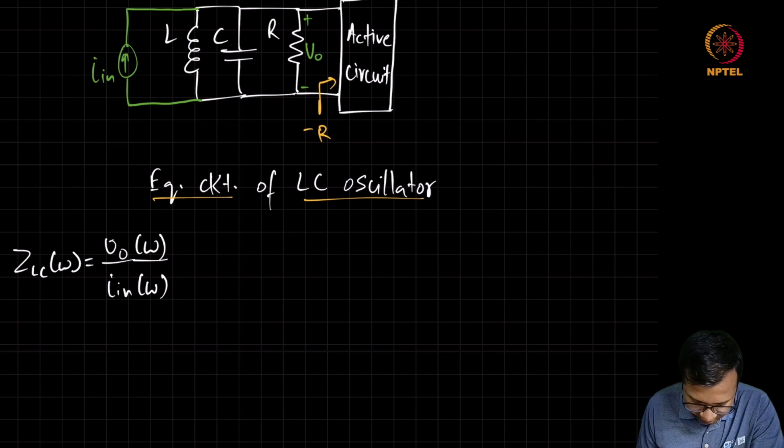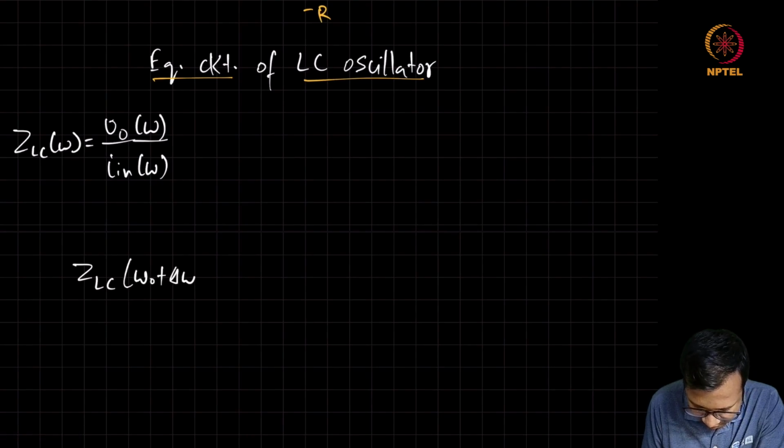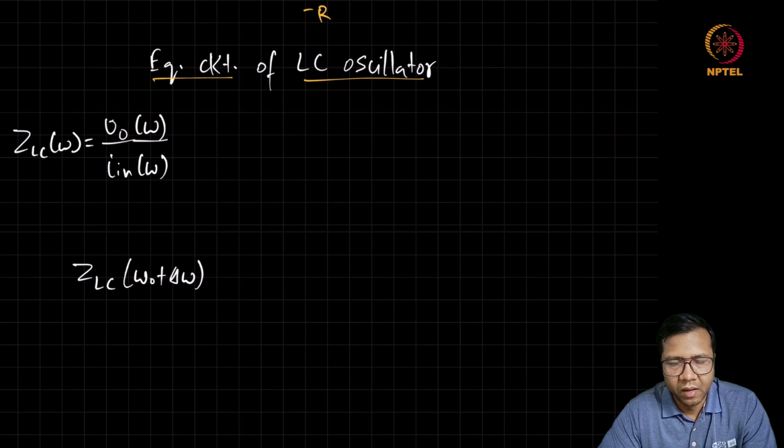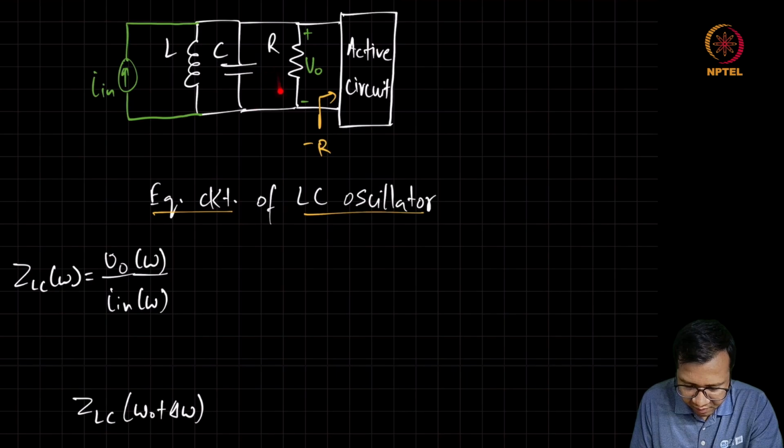So if we want to understand what is the impedance at a close frequency offset from the resonant frequency, then in the equivalent circuit, we can see that this R and negative R will just cancel each other.